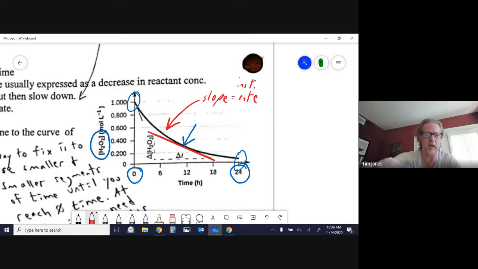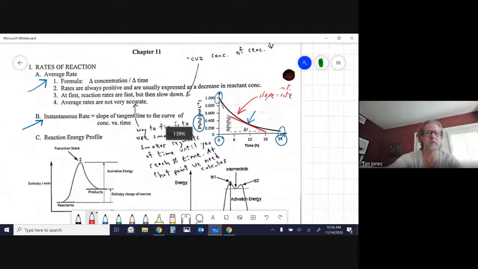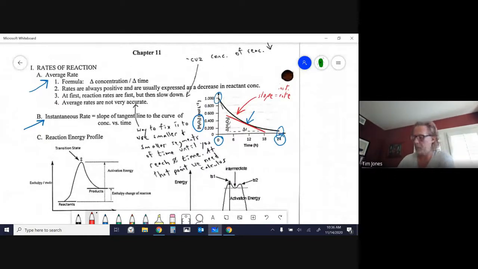Now, what this brings up is not only the difference between average rate and instantaneous rate, but this is also where calculus can come in and be very useful, because calculus is the study of how things are changing.